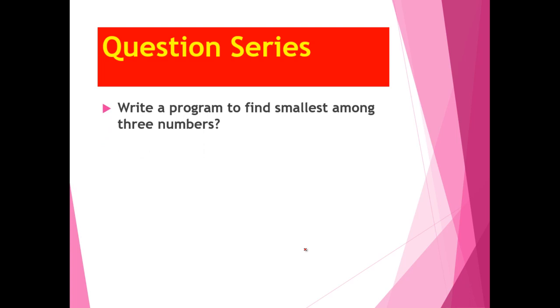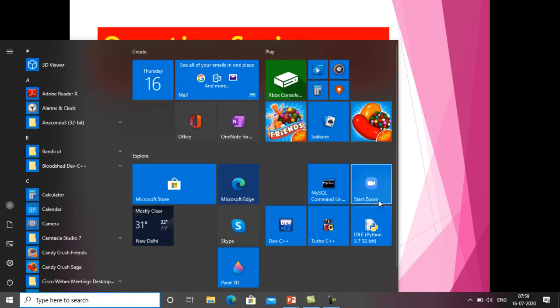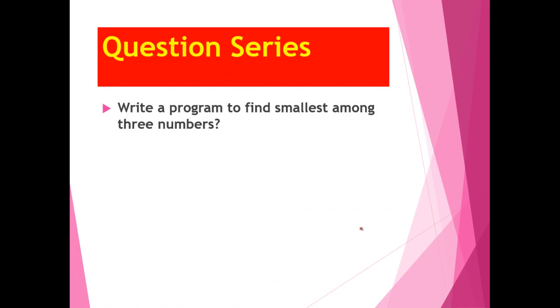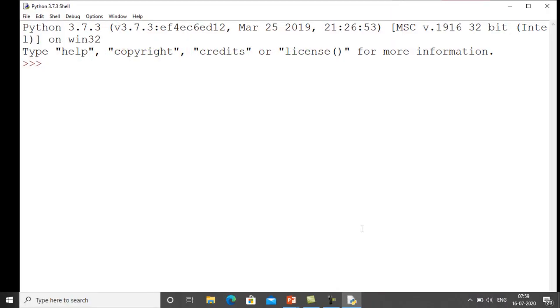The first question is: write a program to find the smallest among three numbers. We have to write a program in which we take three numbers from the user and then check the smallest among those three numbers. So let me open Python.